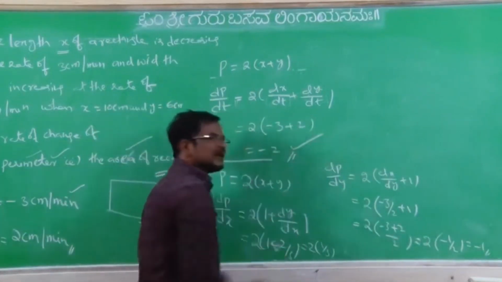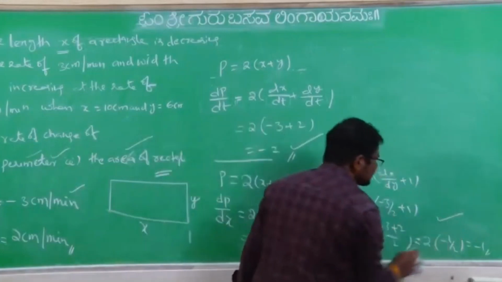But our exact answer is minus 2 only. Why can't you take this one and this one?